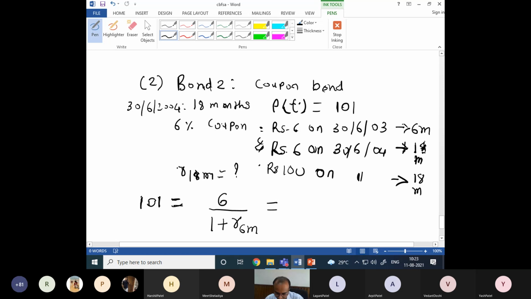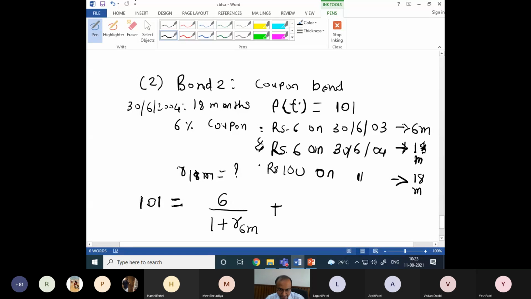So y is equal to here? No. So it should be plus. Now say the second payment is after 18 months, but that is 6 rupees as well as 100 rupees. So let me combine these two payments. I am getting them on the same date, so I can combine them. I am getting actually 106 rupees at the end of 18 months.